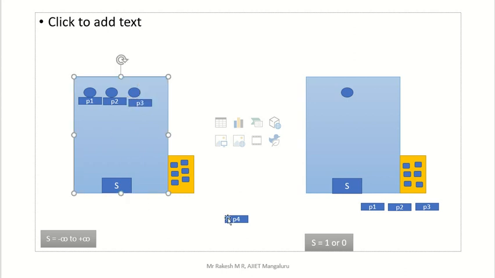Now consider another person. Another person came near the door. What is the value? It is 0. So he can go inside the waiting room.